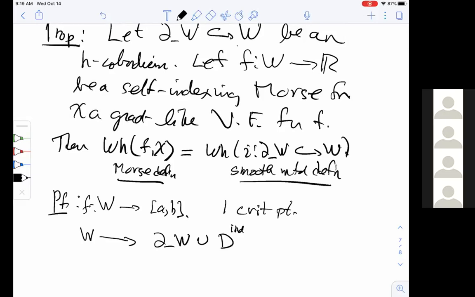This was a deformation retraction. That turns out to be a simple homotopy equivalence. It's not a hard argument. It's Whitehead.